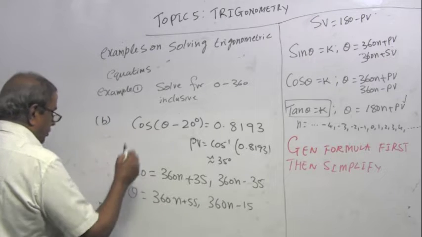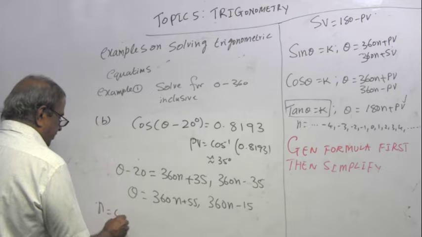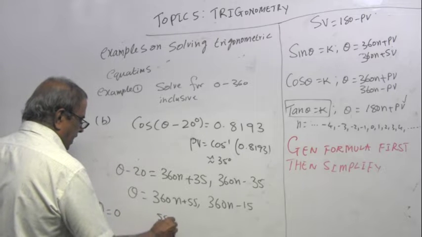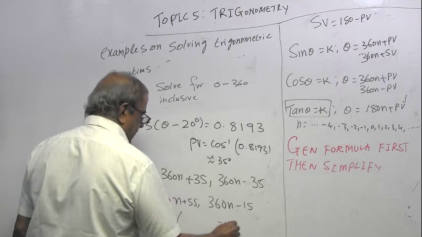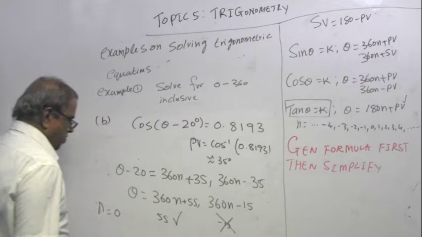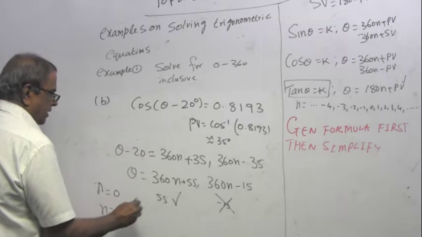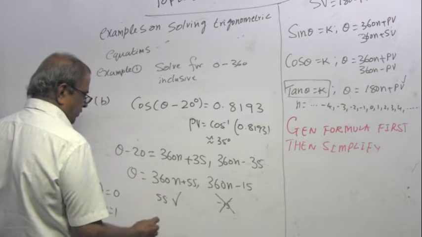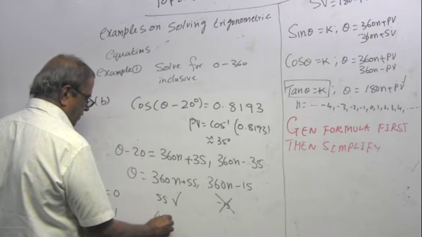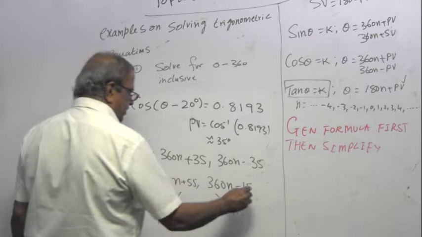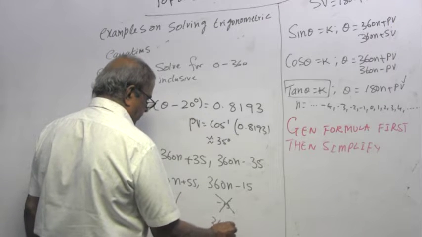Now I want 0 to 360. Put n as 0, I get 55, accepted, minus 15, reject it. Put n as 1, 360 plus 55 is 415, rejected, 360 minus 15 is 345, accepted.